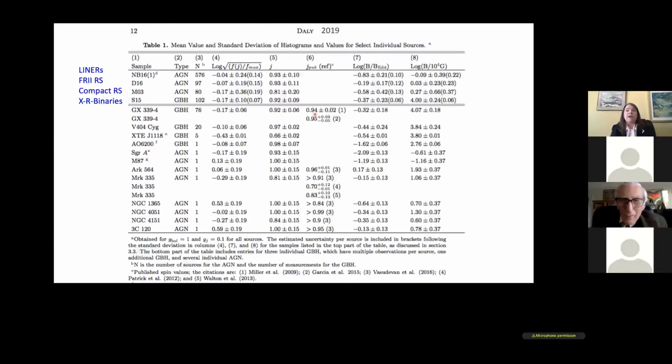Now that can be compared with the independently determined spin obtained with the X-ray reflection method, which comes in at around 0.94 or 0.95. Almost all of the values obtained for capital F for this source are less than 1.